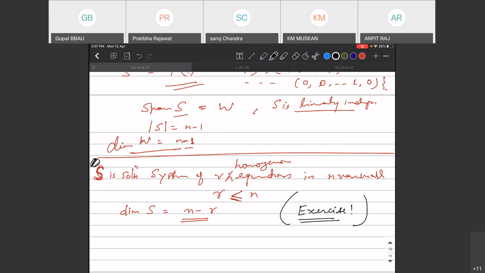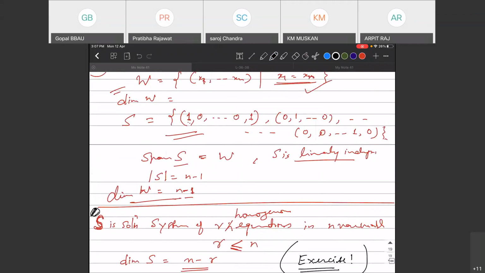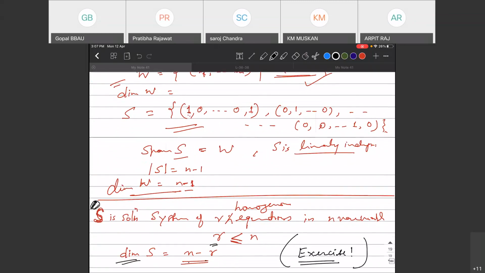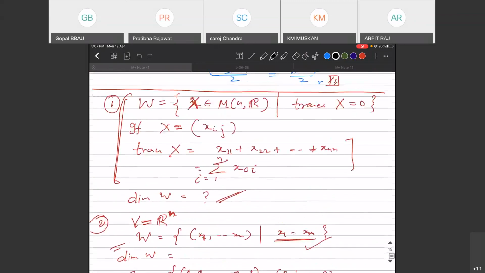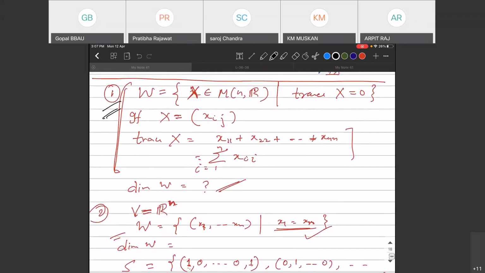I think if you think about it, surely you will get an idea. In the above example, r was 1 and the dimension of S was n-1. One last thing for this exercise, where we consider the trace of a matrix.